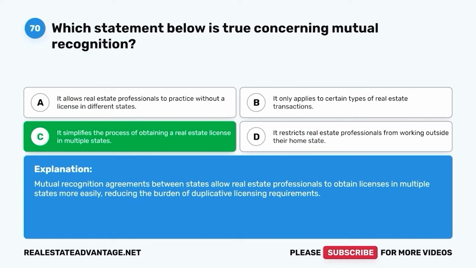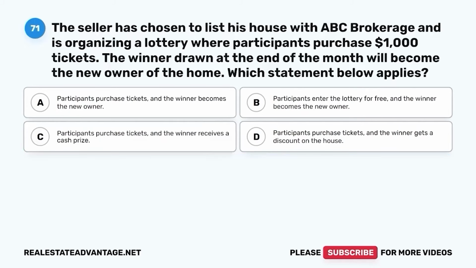Question 71. The seller has chosen to list his house with ABC Brokerage and is organizing a lottery where participants purchase $1,000 tickets. The winner drawn at the end of the month will become the new owner of the home. Which statement below applies? A. Participants purchase tickets, and the winner becomes the new owner.